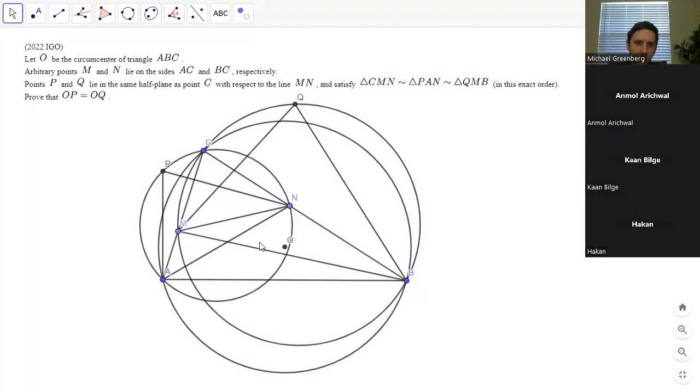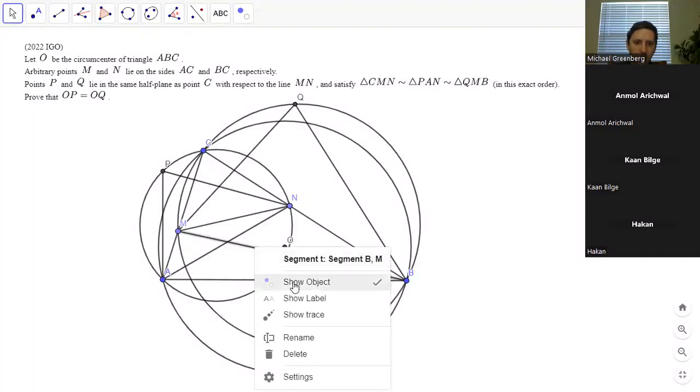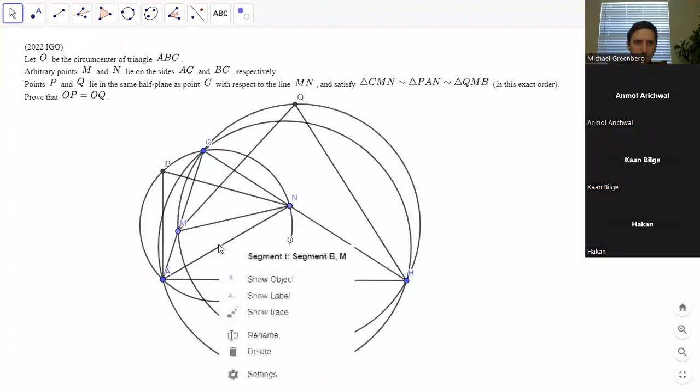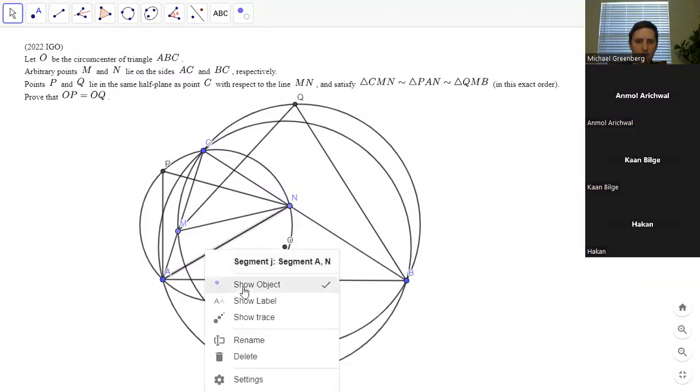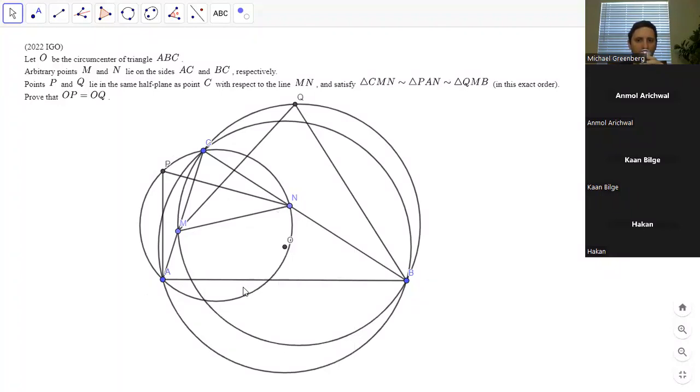We can hide this and this too, really. Well, we might not want to hide that because that's part of the similar triangles. Okay.